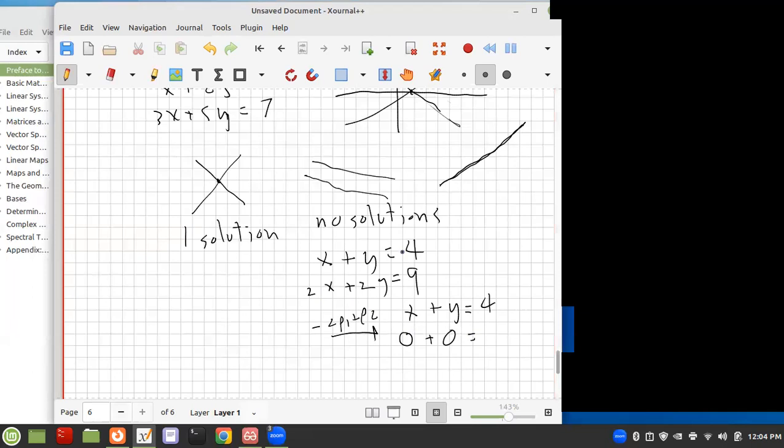But over here, minus 4 times minus 2 is 8, I have 1. And you can see the second equation here is basically 0 equals 1, which is a contradiction.